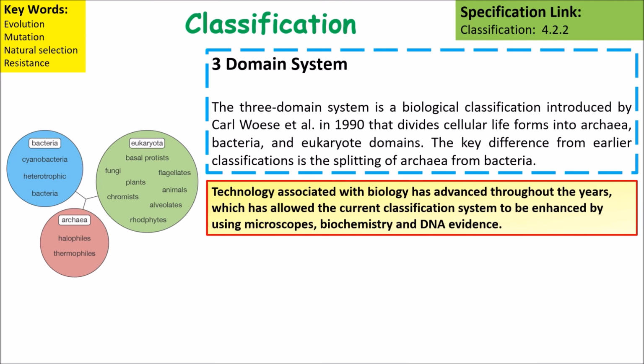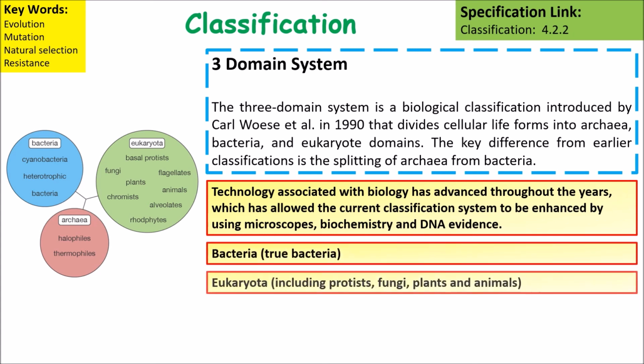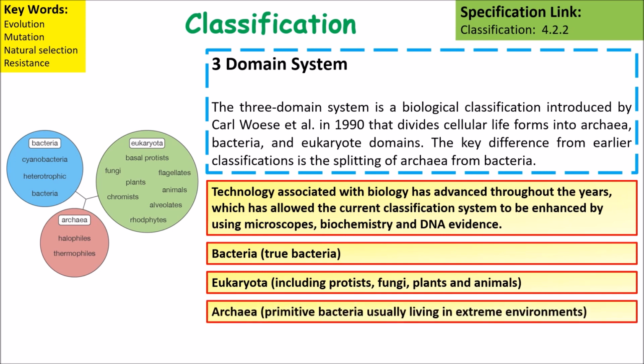The reason that this came about was that the technology associated with biology has advanced throughout the years, which allows the current classification system to be enhanced by using microscopes, biochemistry and DNA evidence. We now refer to bacteria as being true bacteria, eukaryota, which includes things like protists, fungi, animals and plants, and archaea, which is primitive bacteria that live in extreme environments.